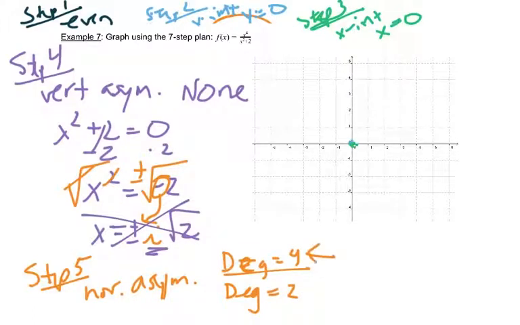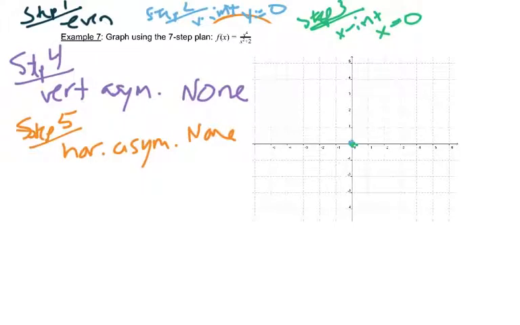And because the top is bigger, there's no horizontal asymptotes either. So basically, we don't have a whole lot of information going for us. We're just going to have to plot some points. Now remember, back in the beginning, we did find that this graph was even, so that's going to help. That means we only have to have points on one side. So let's just start maybe with x equals 2.